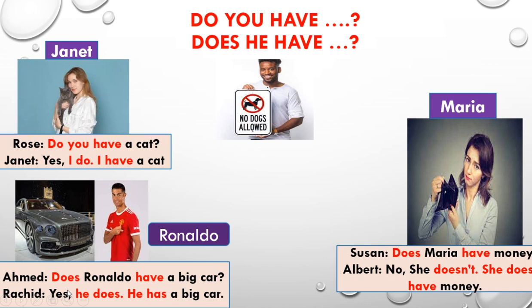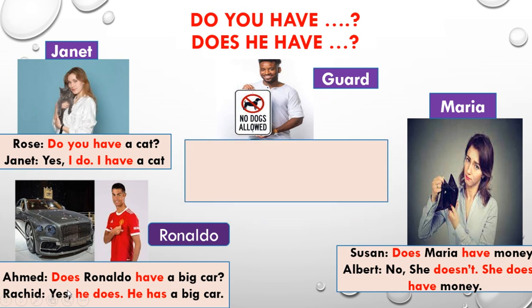Now look at the next sign. Look at this man holding a sign which says no dogs allowed. No dogs allowed. It means dogs are forbidden here. So this is a guard, a park guard.